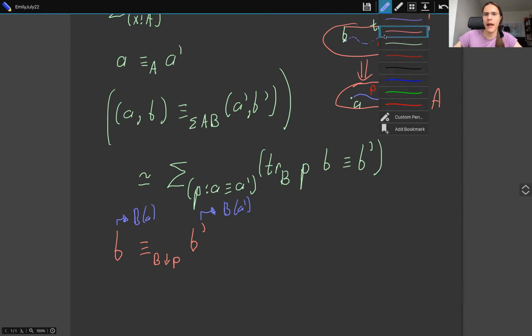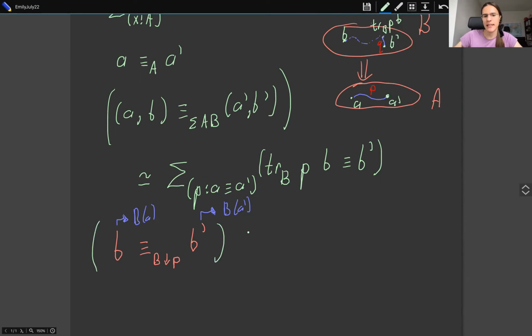So one way of defining this, and this is the way that the HoTT book defines it, is to say that this is just definitionally equal to transport B P of b equals b prime. And in the lecture, we proved that these two are equivalent.